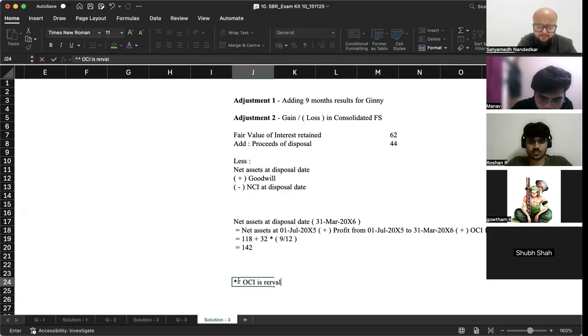OCI is revaluation surplus, and the revaluation surplus is also a part of net assets.